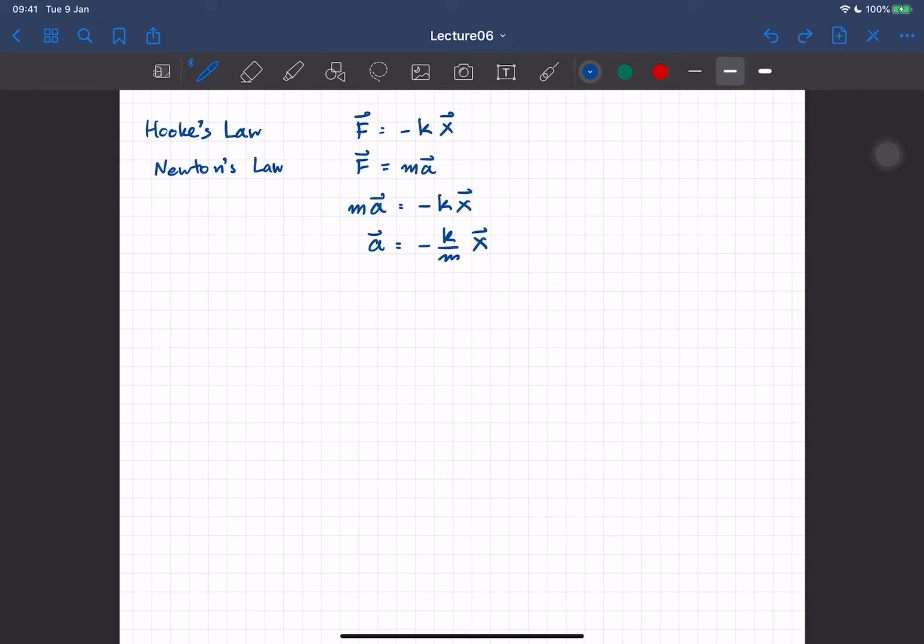Compare to a equal to minus omega square x. You can see that a is here on the left hand side, x is here on the right hand side, and omega square is this constant. So this tells you two things.